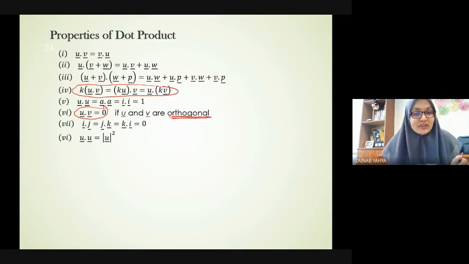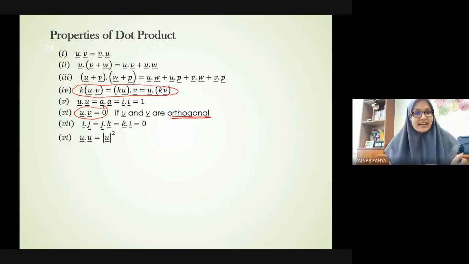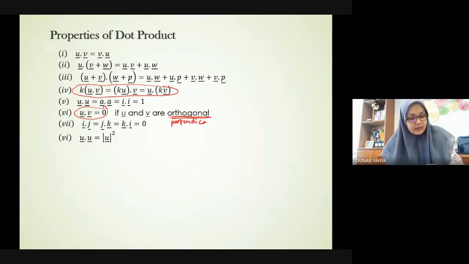No one knows this answer? Angle. Like X and Y axis. Yeah, like X and Y axis. What do we call that? It is perpendicular. Perpendicular. Very good, like X and Y axis.